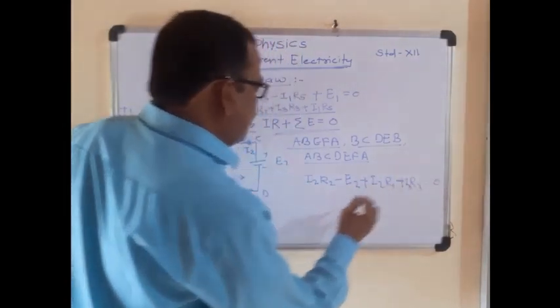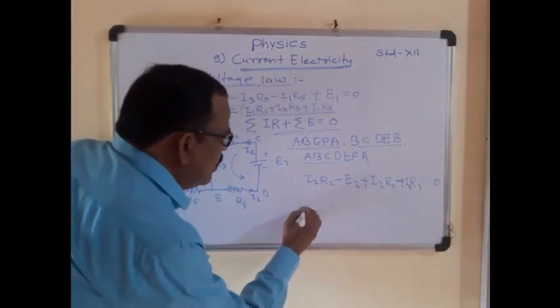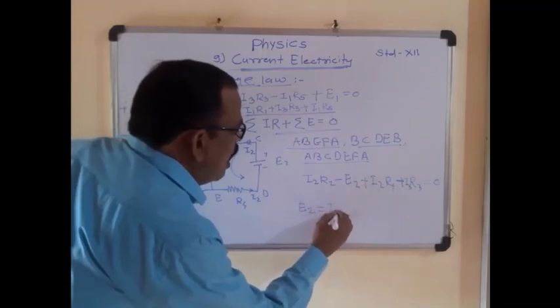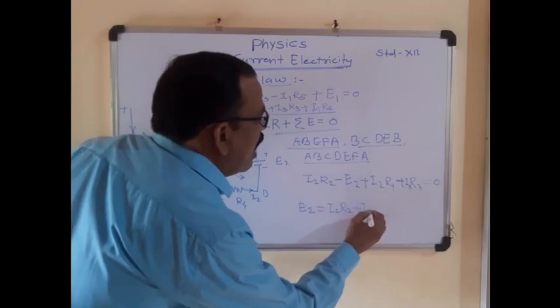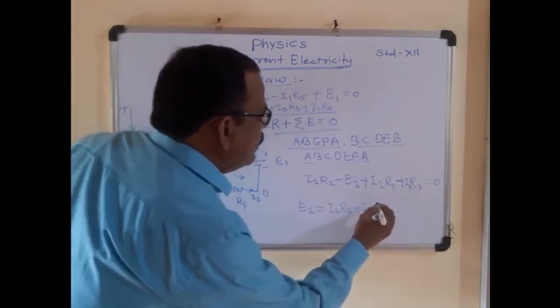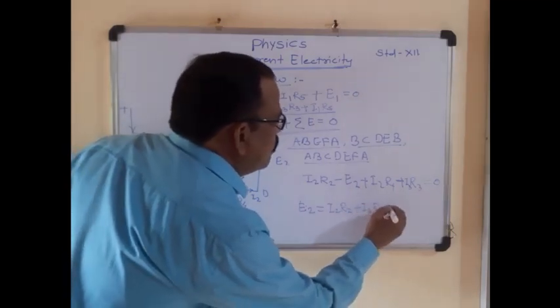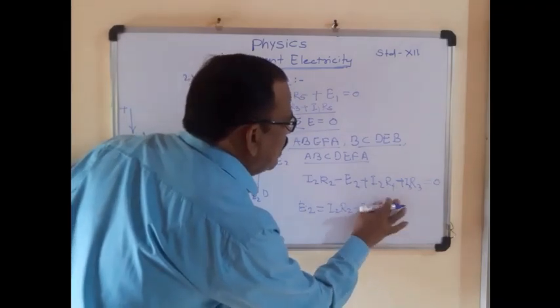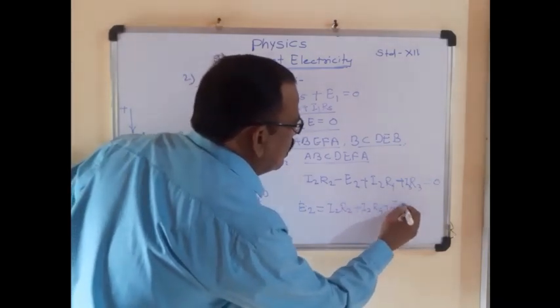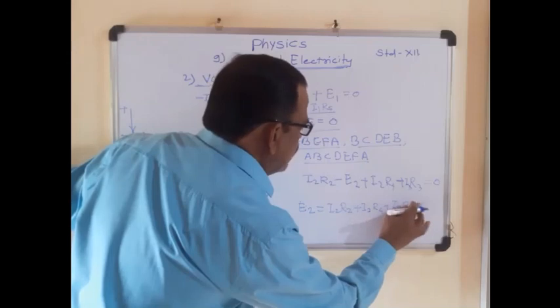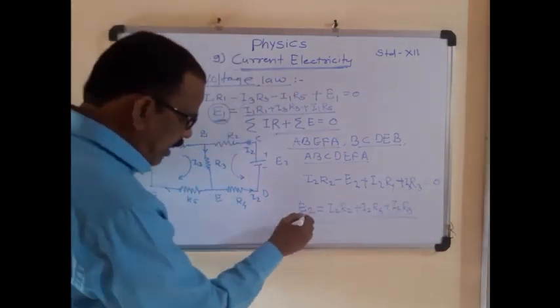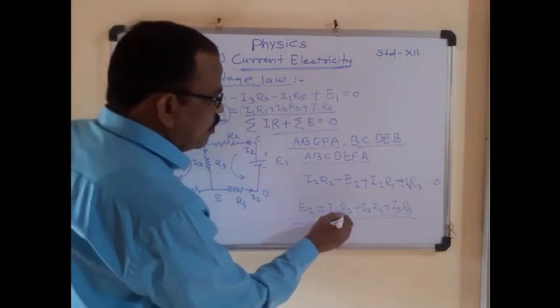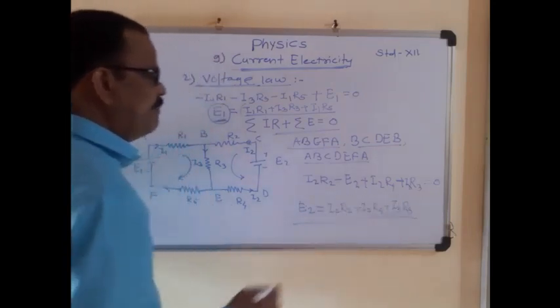This equation can be written as E2 is equal to I2 R2 plus I2 R4 plus I3 R3. From this equation it is also clear that electromotive force is equal to the sum of the potential differences.